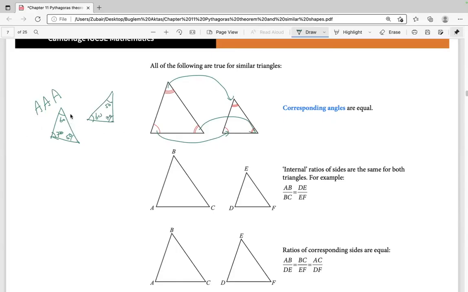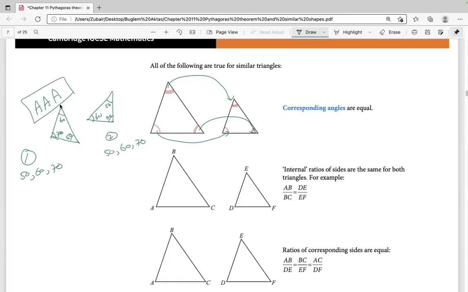But anyone would see and say that angles in the first triangle are 50, 60, and 70, and angles in the second triangle are 50, 60, and 70. So if the angles are the same in both of them, we can say yes, they are similar triangles. So the first property is angle, angle, angle.